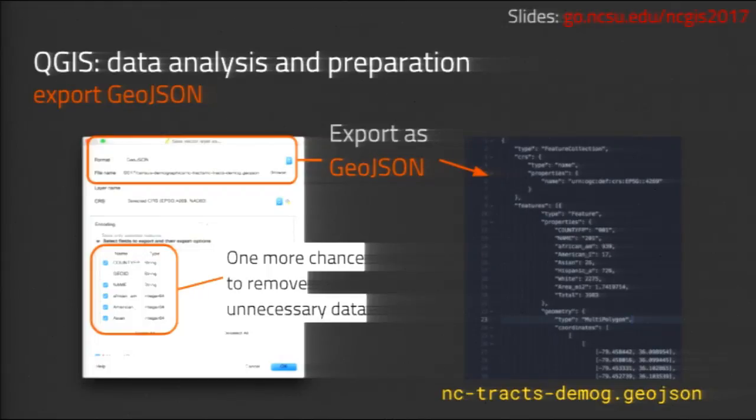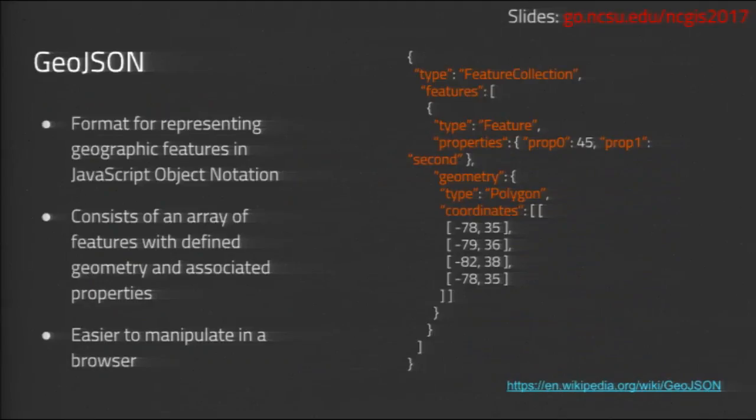I don't know how easily it is for you to see this up here, but it's JavaScript object notation. So it's a great way to organize data if you want to mess around with it in JavaScript or view it on the web. And this is kind of the general breakdown of a GeoJSON file. So it's a described format, and it represents geographic features, like I said, in JavaScript object notation. And it consists of arrays of features.